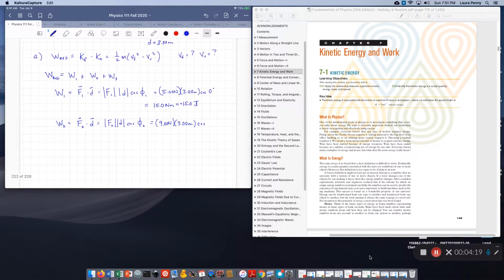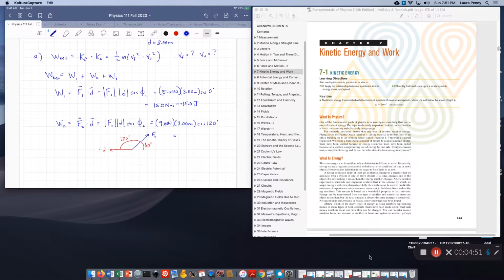F2 is up like this, and the displacement is this direction. And this angle right here is 60 degrees. So the angle between the force and the displacement is 120 degrees, right? Everything needs to add up to 180. So this is the cosine of 120.